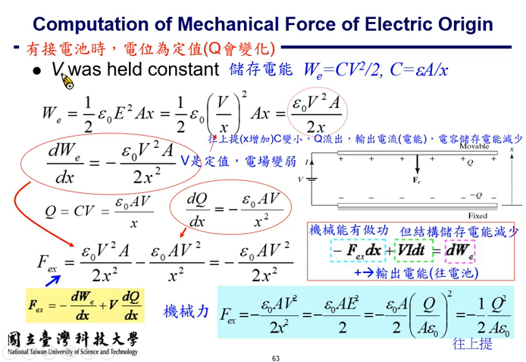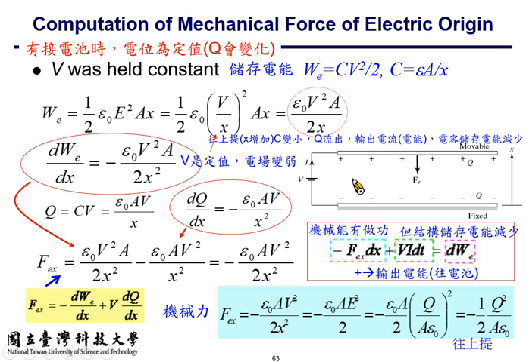Because the battery is connected, the voltage difference between the two plates remains constant. The voltage potential, the electrical potential V, is held constant, which means the stored energy in the structure can be expressed as half of CV squared.